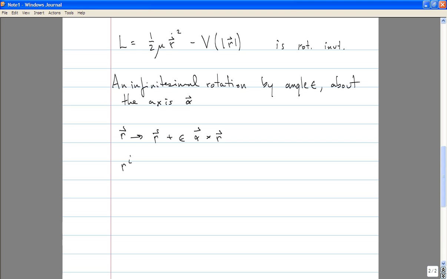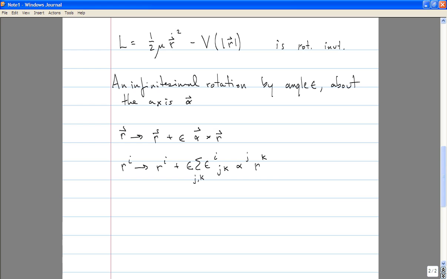which is now written as a set of three quantities, ri, where i is 1, 2, or 3, to ri plus epsilon times the epsilon symbol, epsilon ijk, which is equal to plus or minus 1 if i, j, and k are an even or odd permutation of 1, 2, and 3, respectively, and is equal to 0 if any two of the indices i, j, and k are equal, times alpha j rk summed over j and k running from 1 up to 3.